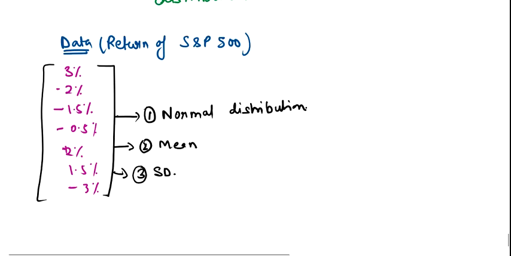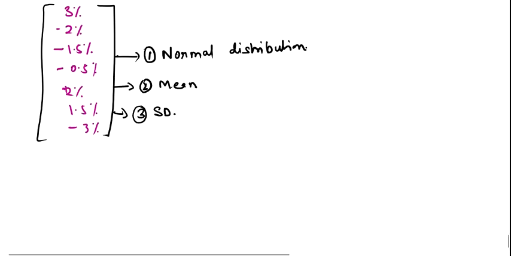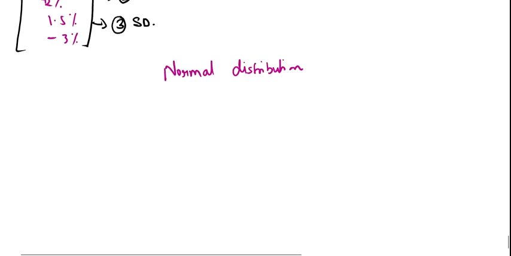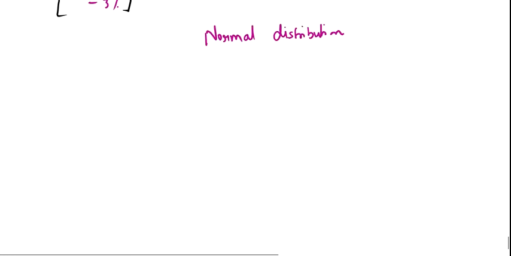Clear? Now first of all, we'll start and understand what is normal distribution. Means how can I say that my data belongs to normal distribution? There must be some properties of normal distribution. So let us see.